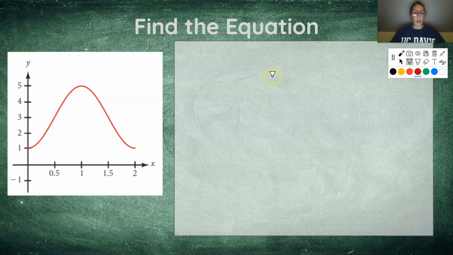First off, just to jog our memory, the base graph of cosine starts at 1, and then it dips down to 0, then down to -1, and it comes back to 0, and it ultimately finishes at 1. Getting a little better at these every time I draw them. There we go. So this is the shape of the base cosine graph.